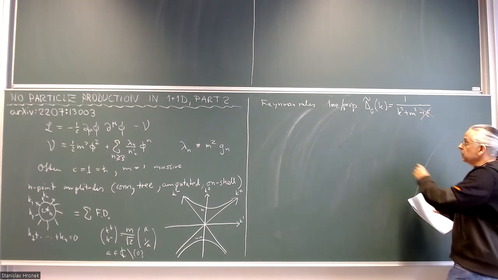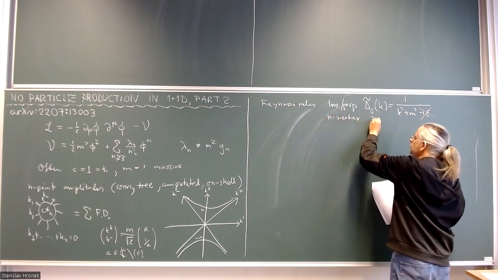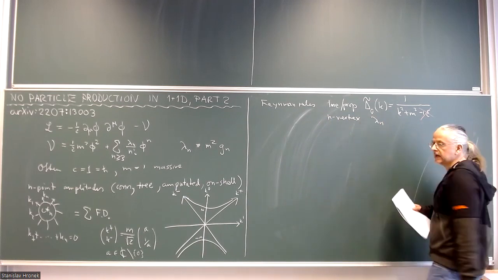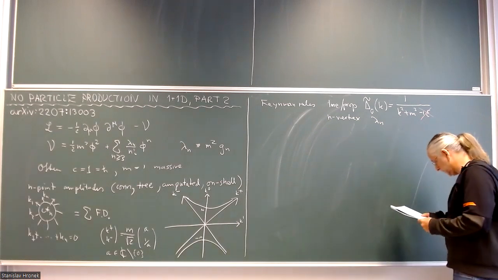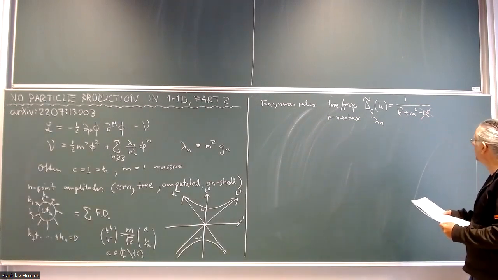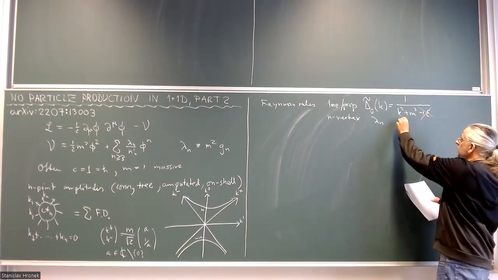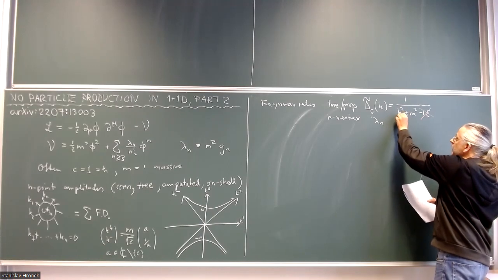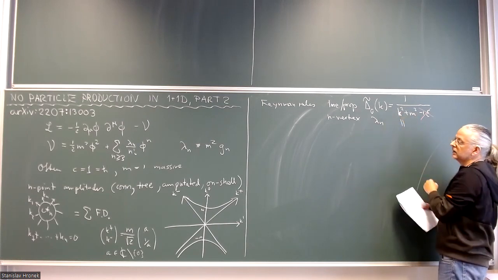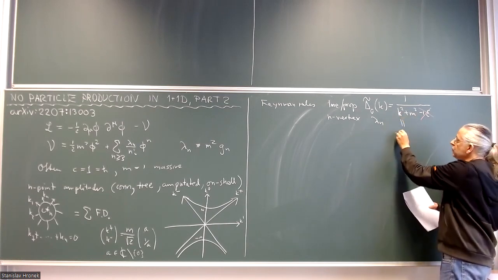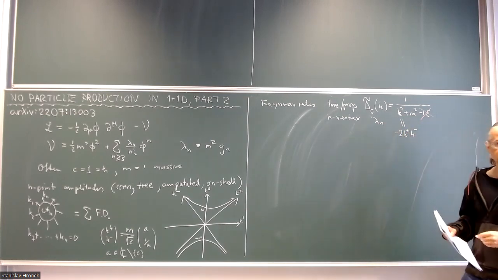And for every vertex, we had to put in a coupling constant lambda n. Then we could build up the final tree diagrams in this way, and the k squared, if we take into account the metric of light cone, is minus 2 k plus k minus in this convention.